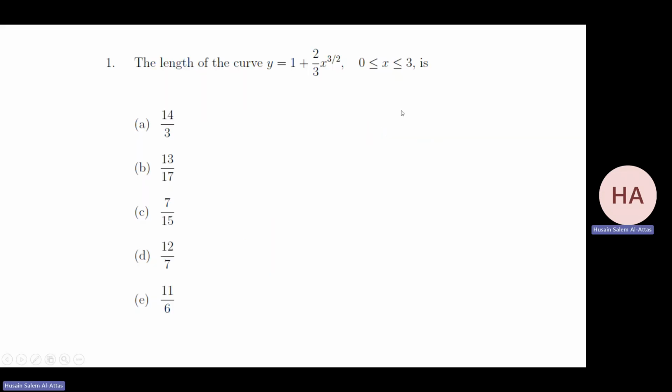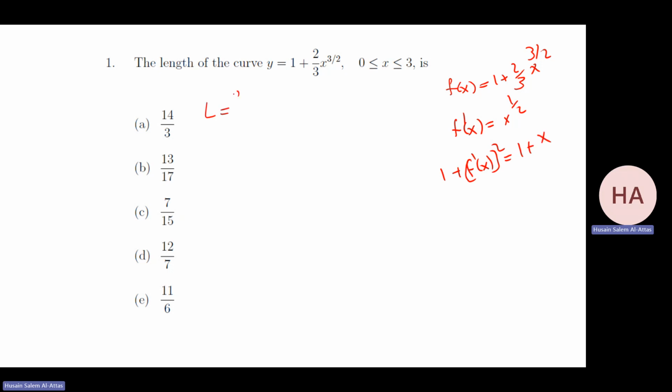Now let me continue. I want to do a big number of questions, since I think the idea is very simple. f of x equals this. F prime will be what? x to the power half. 1 plus f prime squared will be 1 plus x.